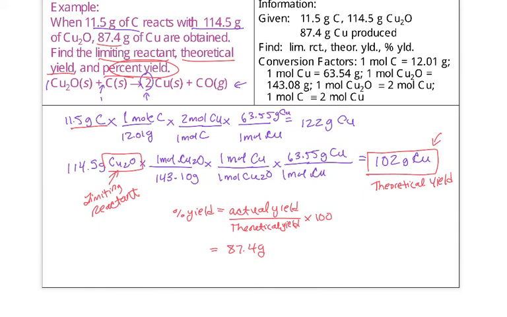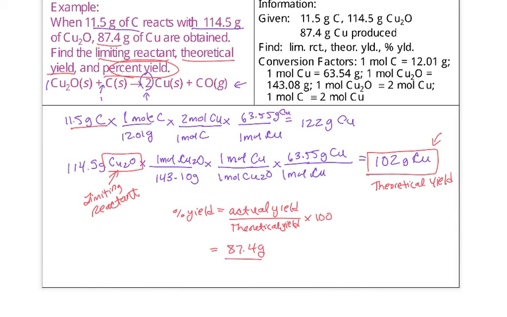So that's why we always end up with a little bit less for our actual yield than our theoretical yield. If you end up with more for your actual yield, then you have some contamination. You've added something else, it cannot be copper, because you shouldn't get more than 102 grams of copper.